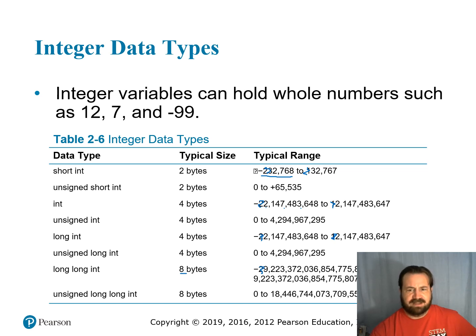Really big. So we've got thousand, million, billion, trillion, quadrillion, 9 quintillion values. That's pretty good.